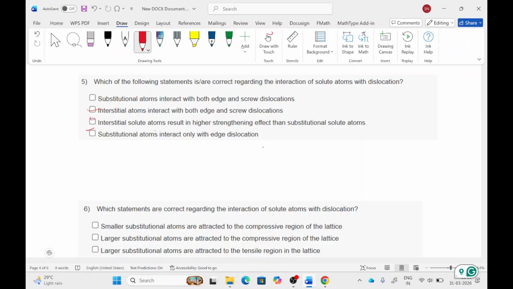The strengthening level in interstitial is around 3 times the shear modulus, and for substitutional, it is G by 10. So for interstitial, it is higher. Okay.